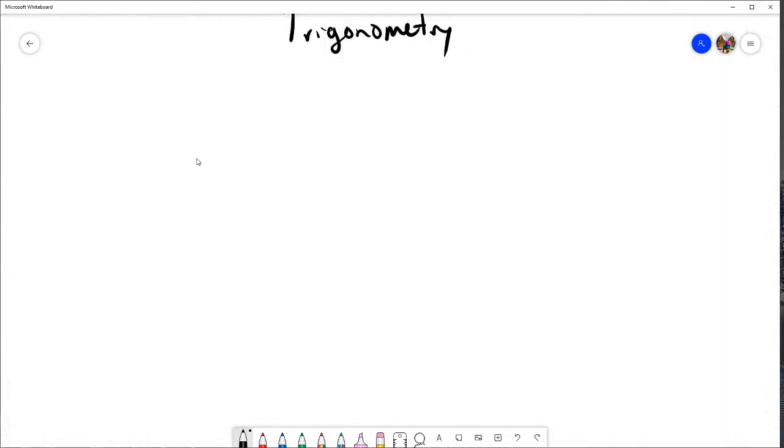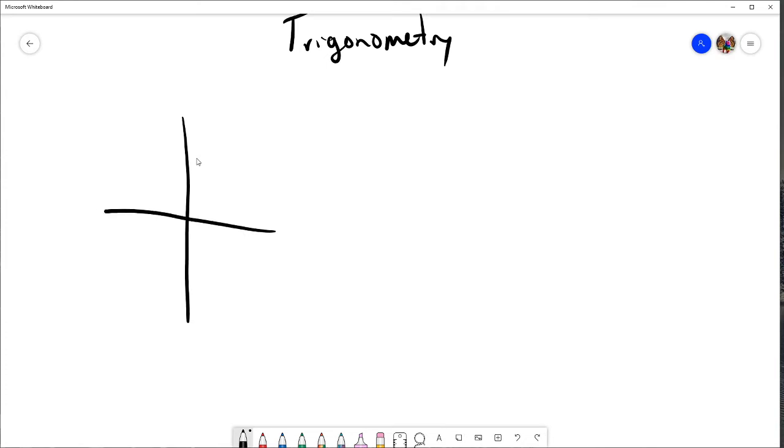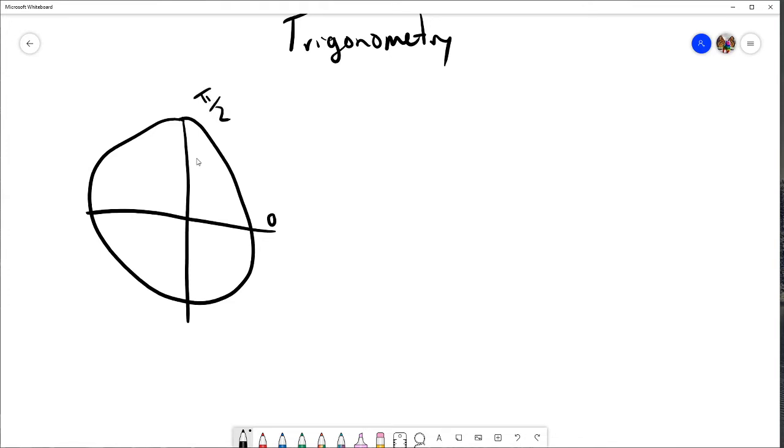So, let's start by putting a brief unit circle up here, and by brief I mean about that brief. So there's 0 and pi over 2, and I'm actually going to call this negative pi over 2. It's the same thing as 3 pi over 2, as long as we keep in mind that this is negative pi over 2.